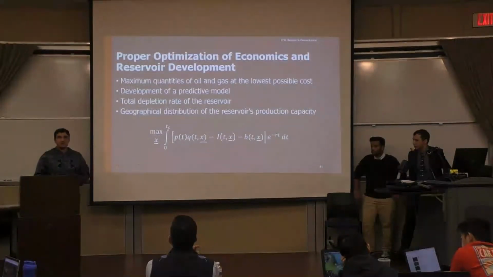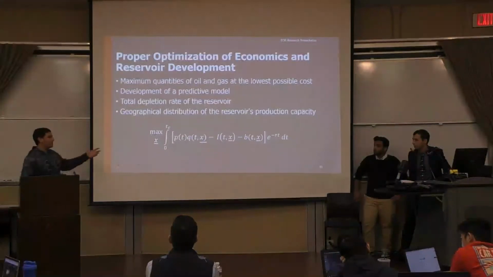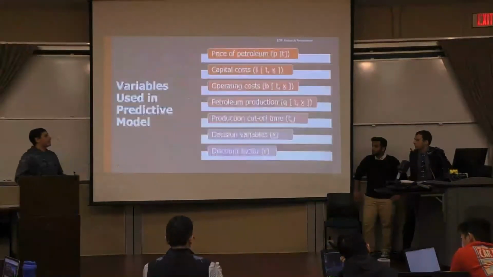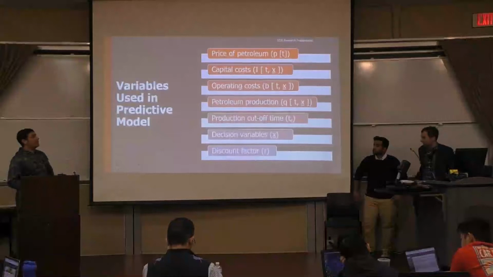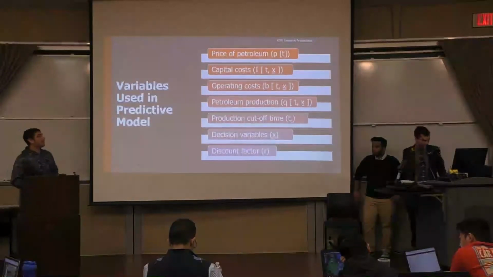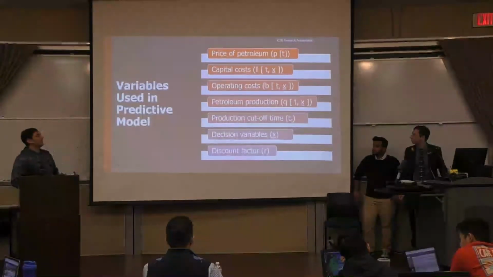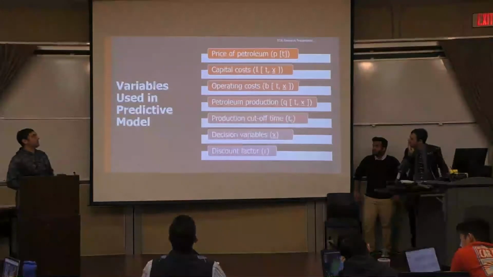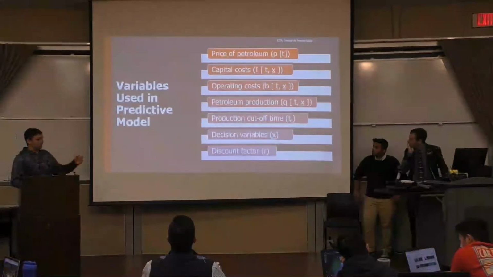These two factors lead to using some different variables, as we can see in this integration. These are some of the variables that we used in the previous integration, for example, price of petroleum, capital cost, operating cost, petroleum production, and so on.